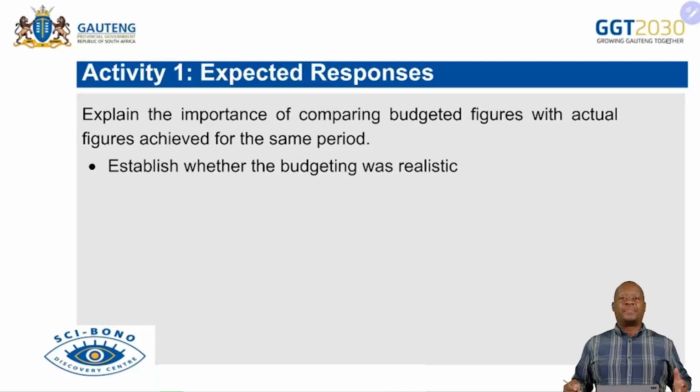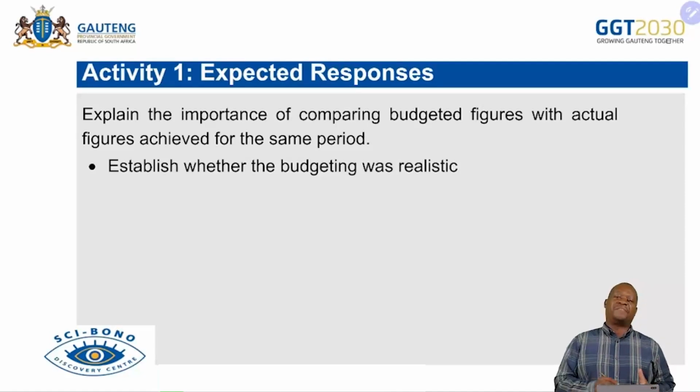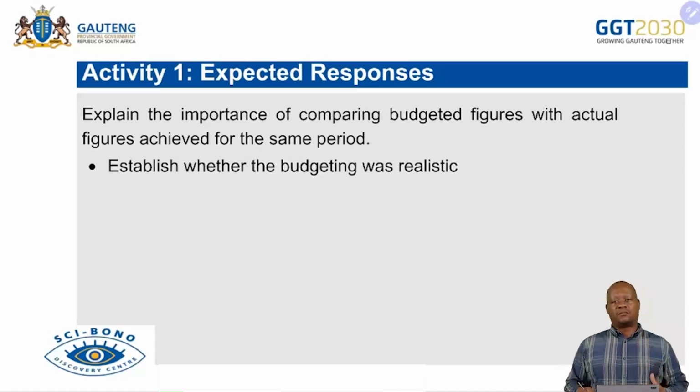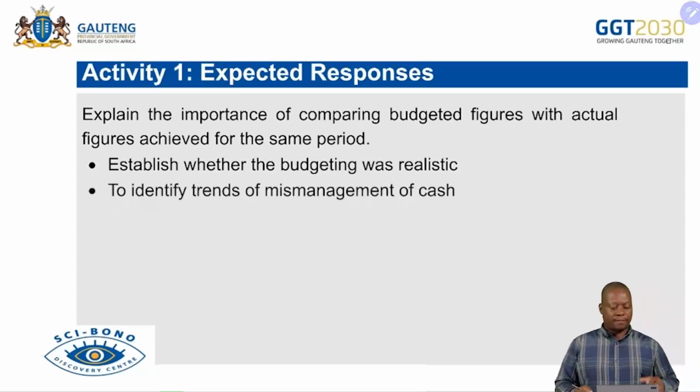Comes to the month in question, you spend 5,000 on the telephone. It's either something wrong is happening with the telephone, or your budget is not realistic. You are not being real to yourself. So we want to establish whether our budgeting is realistic.